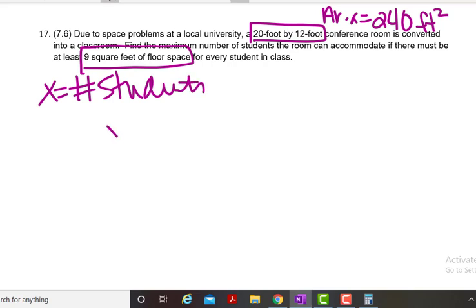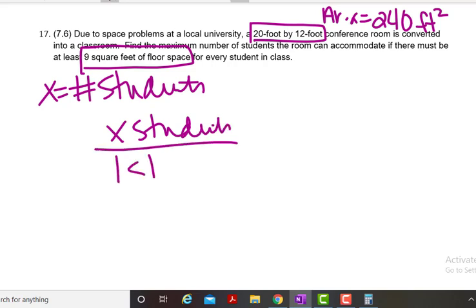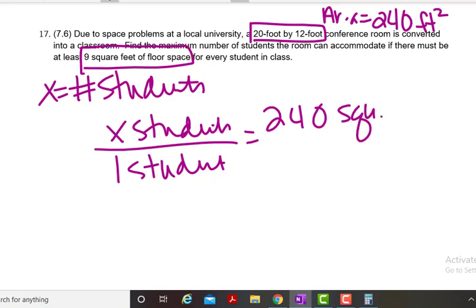So X students is to 1 student as 240 square feet is to 9 square feet.